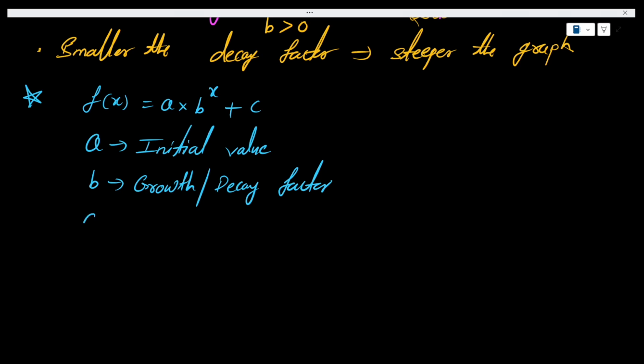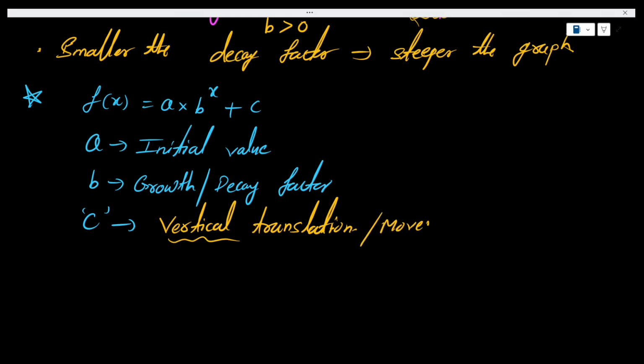Now the c value, how will you identify what the c value is here? That is called vertical translation or movement. Because it's a vertical translation, you can go up or down, right?